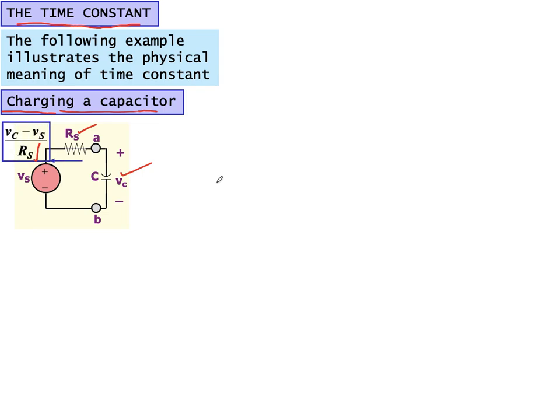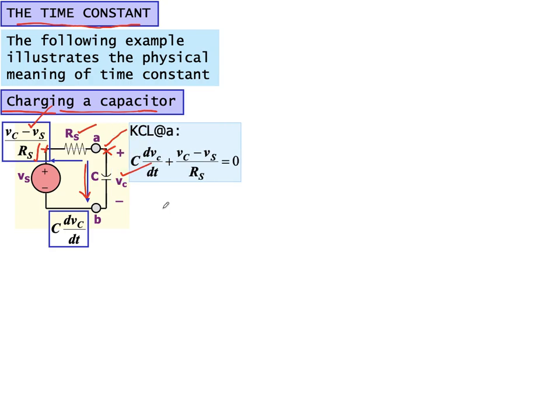So in this case, let's apply KCL at this node. Let's say the current going in this direction will be, the voltage at this terminal is Vc, the voltage at this terminal is Vs, so it would be (Vc minus Vs) over Rs. The current going in this direction will be C dV by dt, because we know that the current through a capacitor is defined as C dV by dt. And because the sum of all the currents leaving the node is zero, we can write the KCL equation like this.